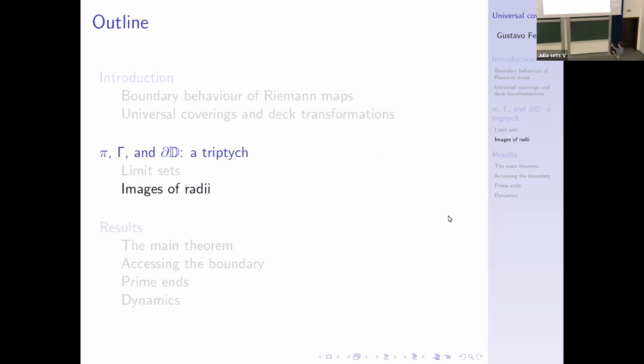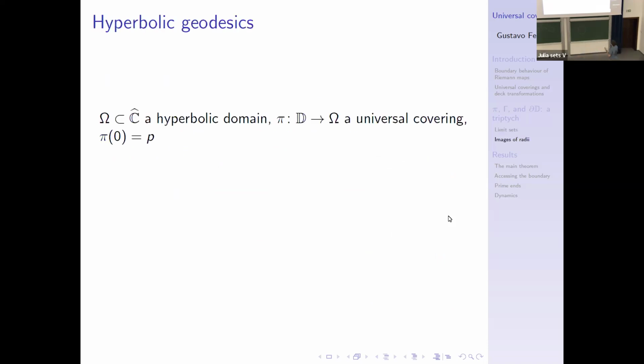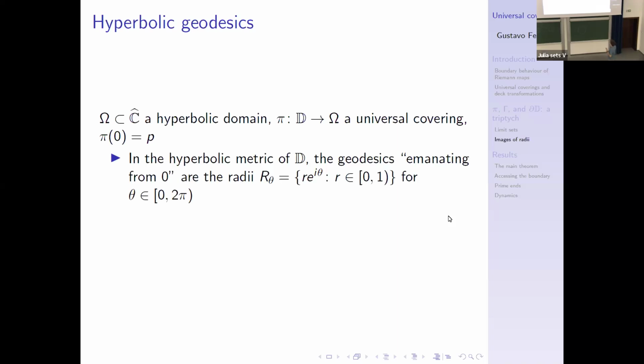Okay, so now another way of looking at what the universal covering is doing on the boundary is to try and follow the images of the radii. Right, so I take my universal covering and I look at where my universal covering is sending the origin.